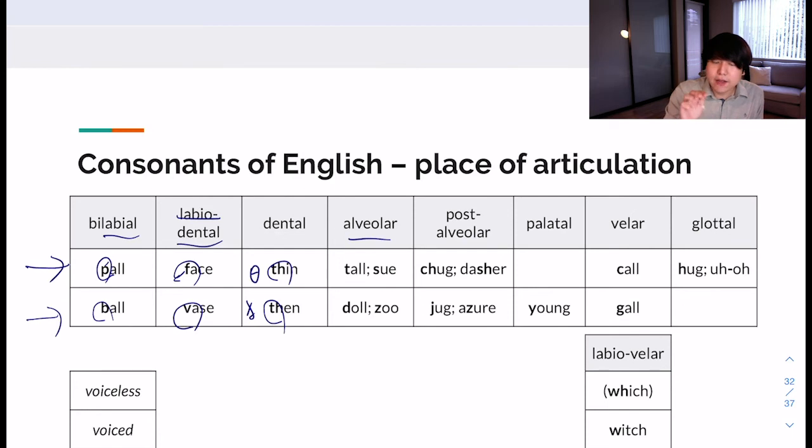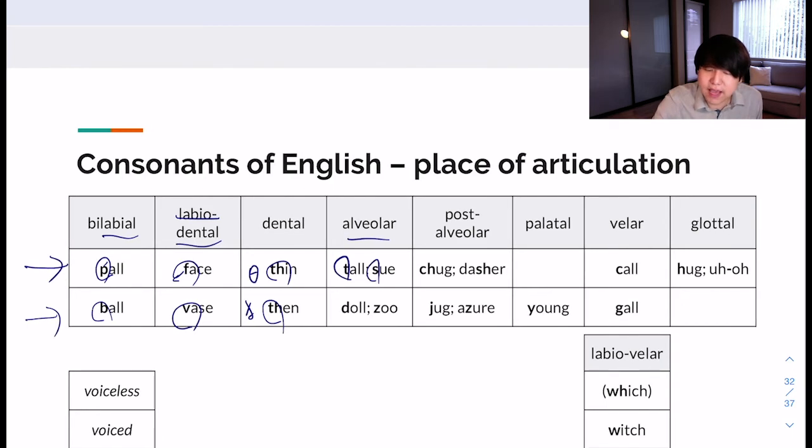They are voiceless, and they have the same place of articulation, alveolar. Currently, we don't know why the two of them are not the same consonant, but anyway, they don't sound the same. T is in tall, and s in sue, d in doll, and z in zoo. These two are the voiced counterparts of t and s.